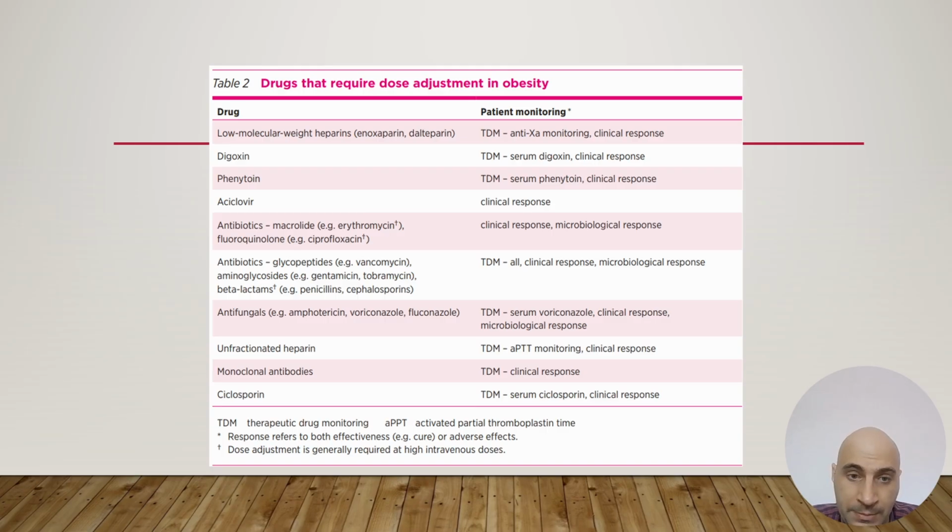For example, here the low molecular weight heparins are blood thinners. They are sensitive. Digoxin has a very narrow therapeutic index. Same for phenytoin. It's a toxic drug, so we need to measure the serum concentration of phenytoin.